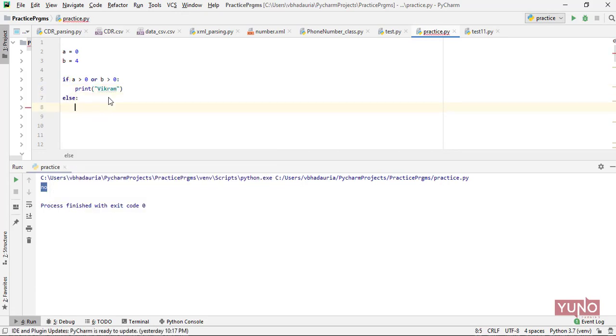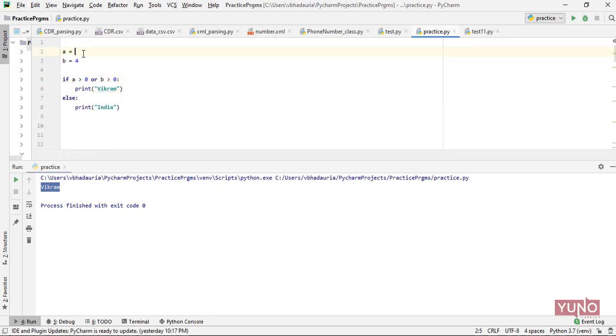Otherwise I am going to print my country name. I am going to run the program and you can check it out. It's going to print my country name because a is equal to 0, right? When both the numbers are positive, then only my name is going to be printed here.